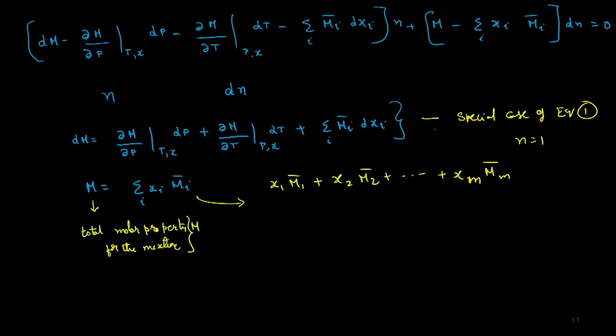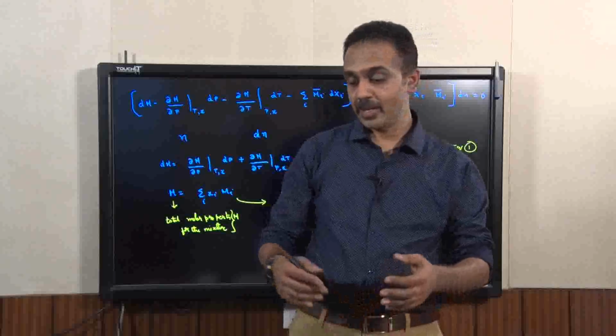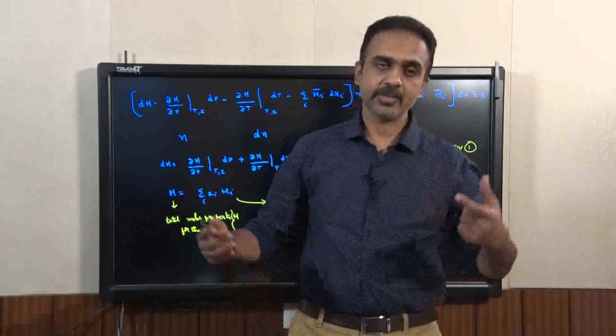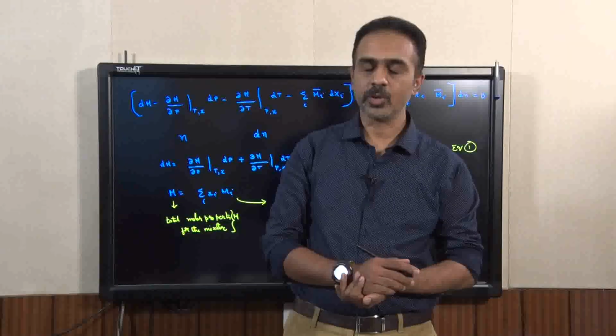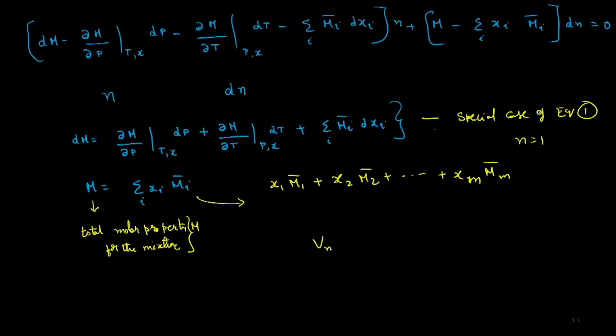So when we mix components, the volumes are not additive, right? But what are additive are the partial molar volumes. If we know the partial molar volumes, then the molar volume for the mixture is going to be x1 v1 bar plus x2 v2 bar.